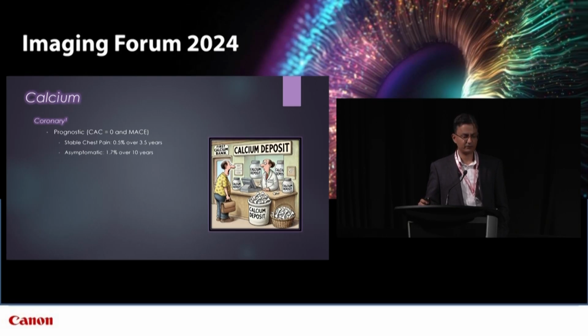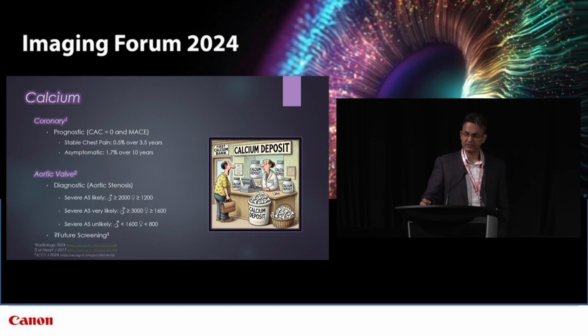It's extremely powerful. Conversely, if you happen to have a high calcium score, it's a little more gray. What is known is that a threshold of over 400 units increases your risk of obstructive coronary disease to 76% from 4% with a calcium score of 0.